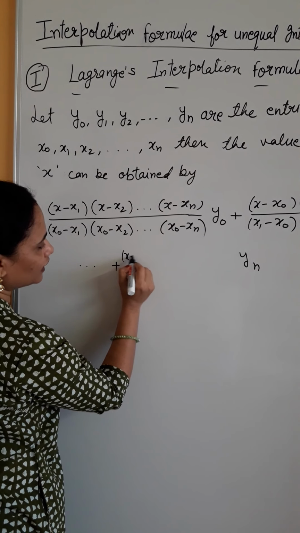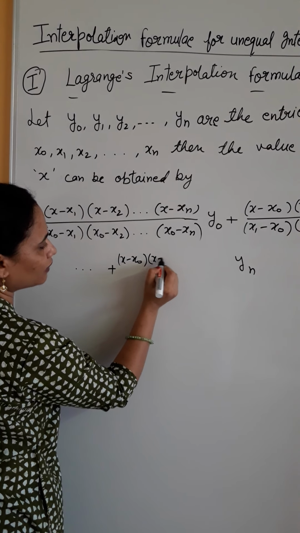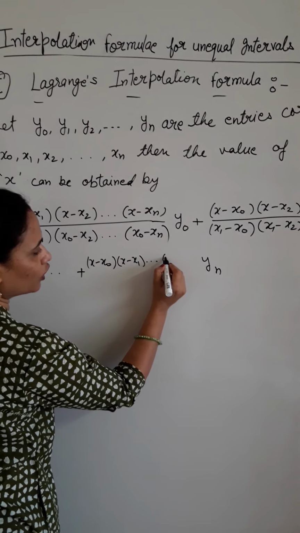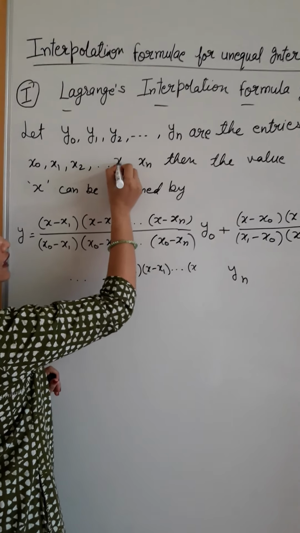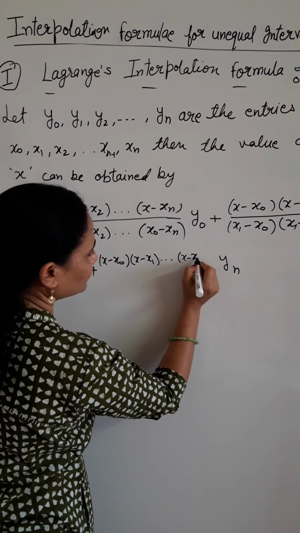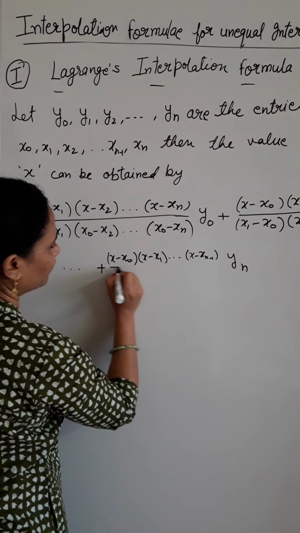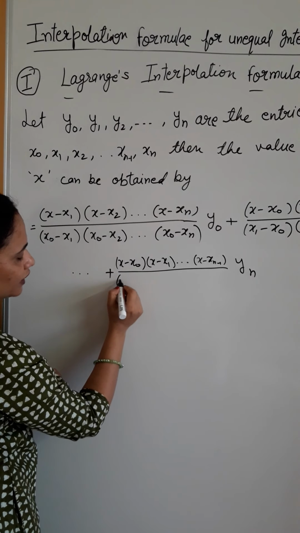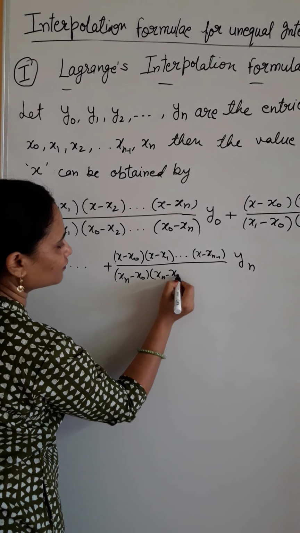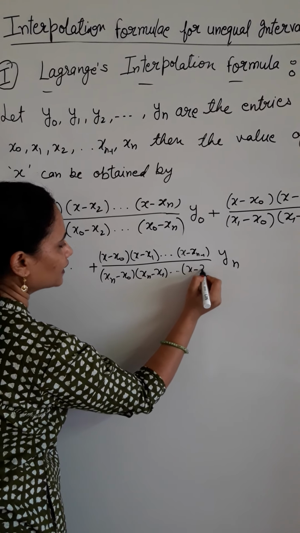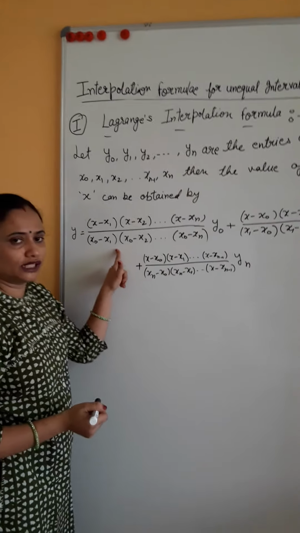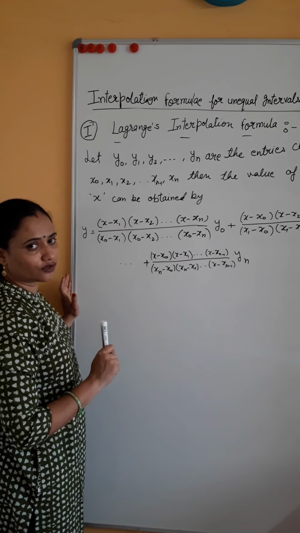So I have to start with x minus x0, x minus x1, up to when? xn will not come, so the value before xn, which is x minus x(n minus 1), divided by x replaced with xn: (xn minus x0)(xn minus x1) up to (xn minus x(n minus 1)). So this is Lagrange's interpolation formula for unequal intervals.